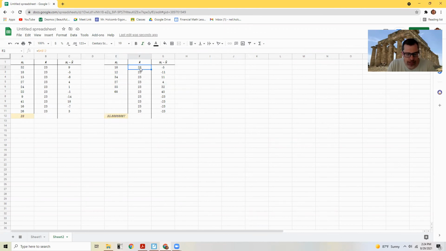So then if I say, well, that equals this, enter, and then put a $ sign here and a $ sign here, and drag that down, and then get rid of these. Okay, there is my x bar, or x sub i minus my x bar column.